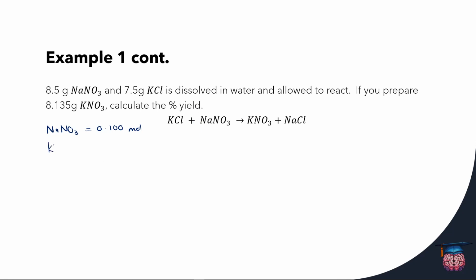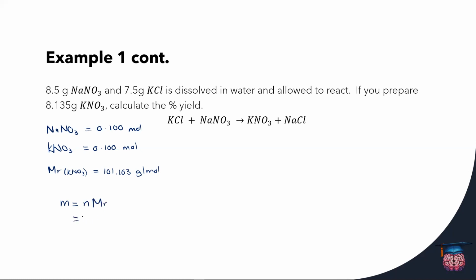So the number of moles of the potassium nitrate is simply 0.100 mole. The molar mass of the potassium nitrate was previously calculated to be 101.103 grams per mole. And now to go and calculate the mass, we take the number of moles times the molar mass.